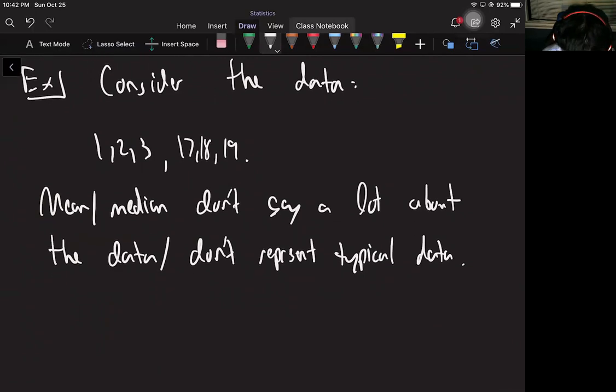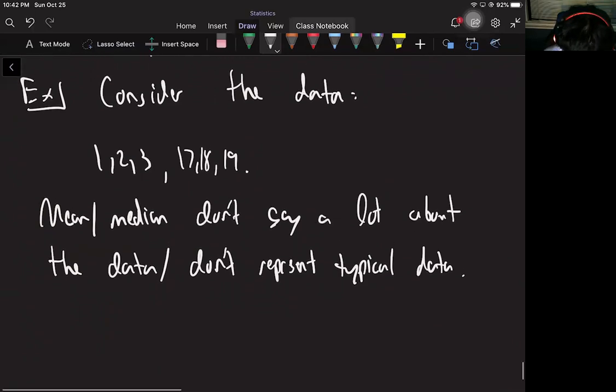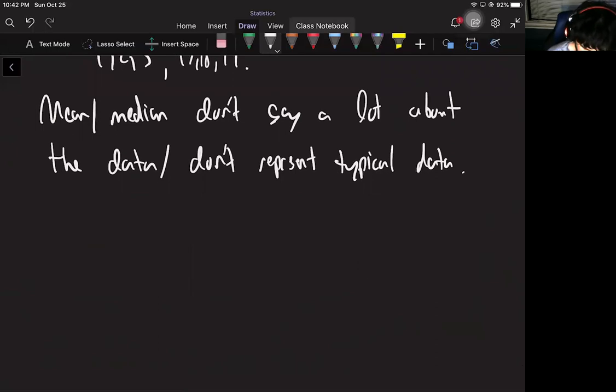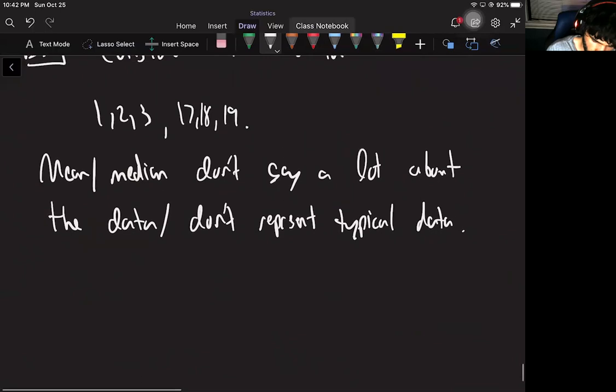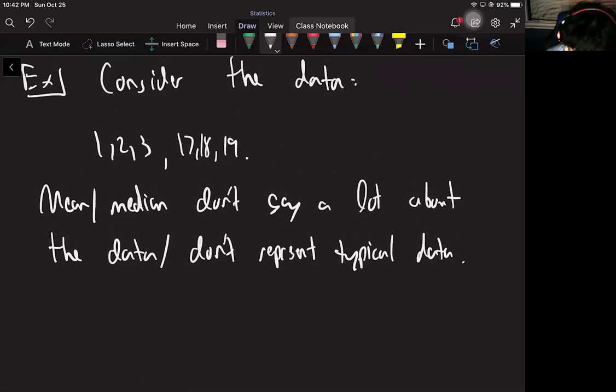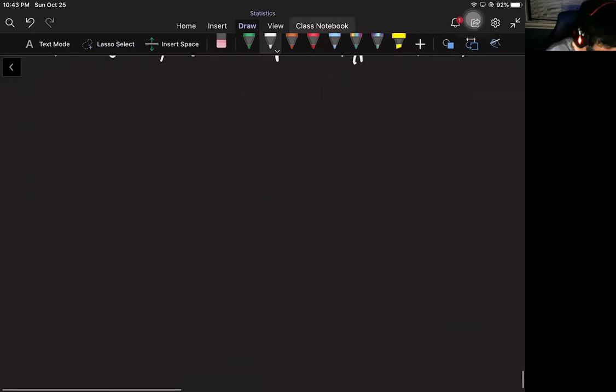So to think about what this means, we have to think about the word near that I keep using, and not just the mean and the median alone in a vacuum or a bubble. It's not enough to just think about that. That's going to be what's for next time.